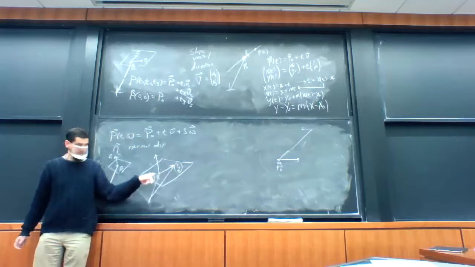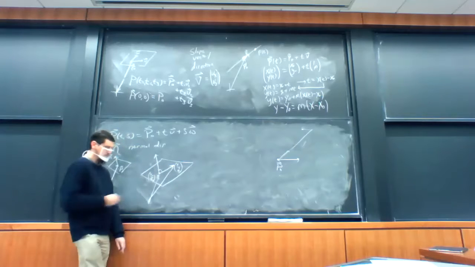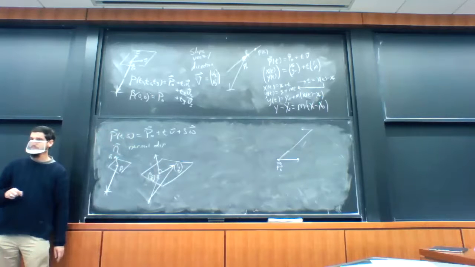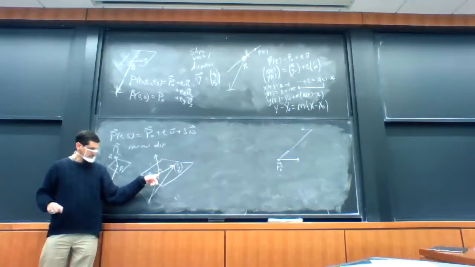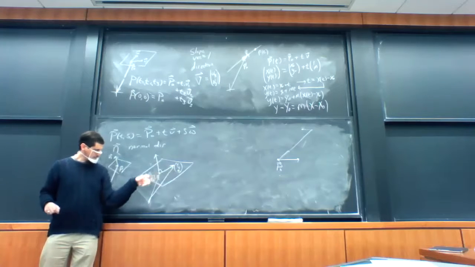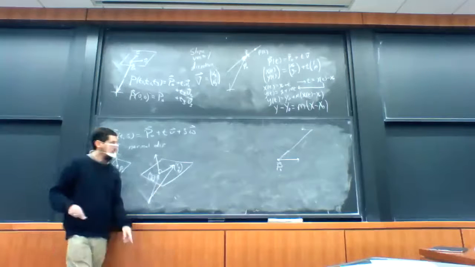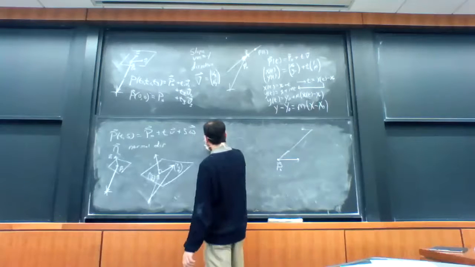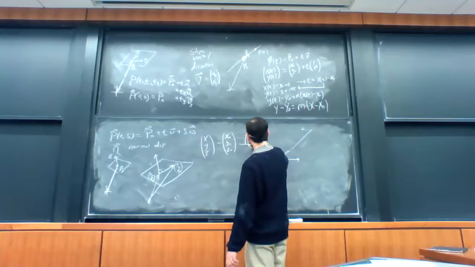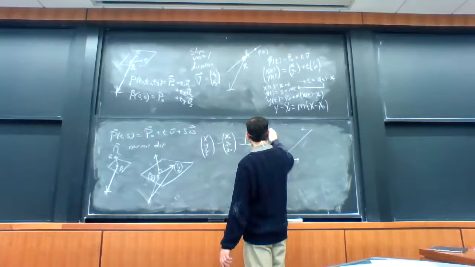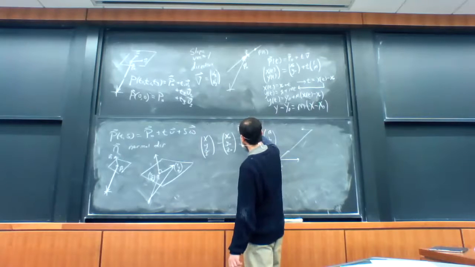If it's in the plane, it has to form a right angle with the normal. Any point x, y, z that forms a right angle will work. So I'm getting that vector by looking at x minus x naught, y minus y naught, z minus z naught. I want (x, y, z) minus (x naught, y naught, z naught) to be perpendicular to the normal, and I like the normal as (a, b, c). So this means perpendicular.